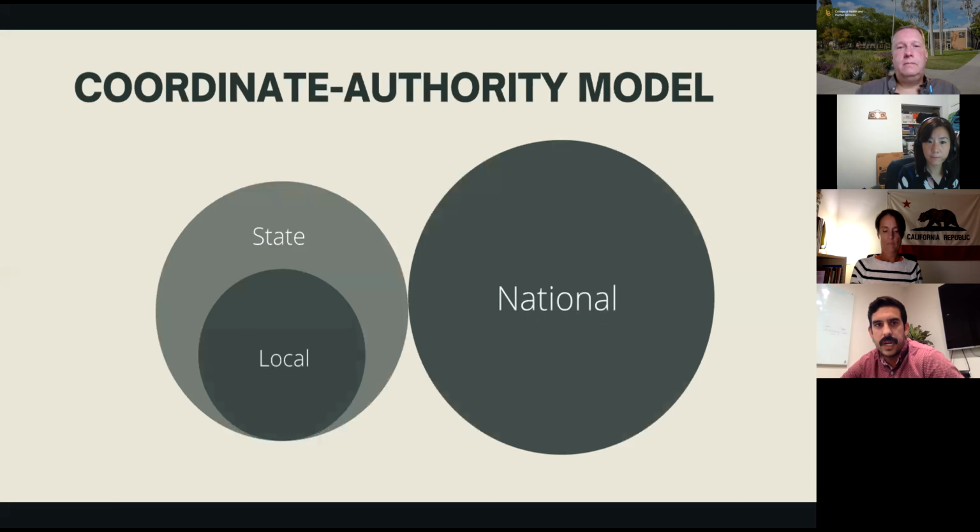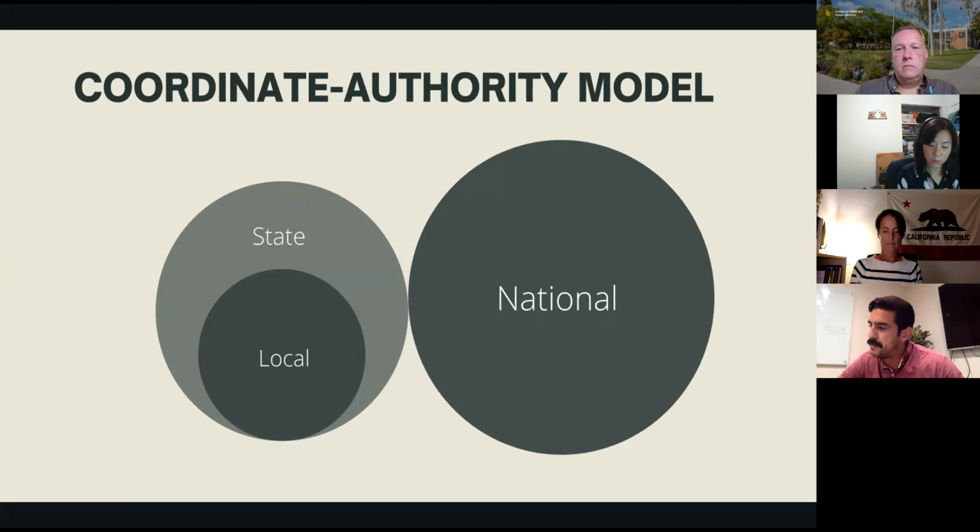So under the coordinate authority model, you can see that there's a distinction between the national and the state. The local units are obviously housed in that state level, and the locals are really dependent upon the state, and their power is specifically granted to them by the state.